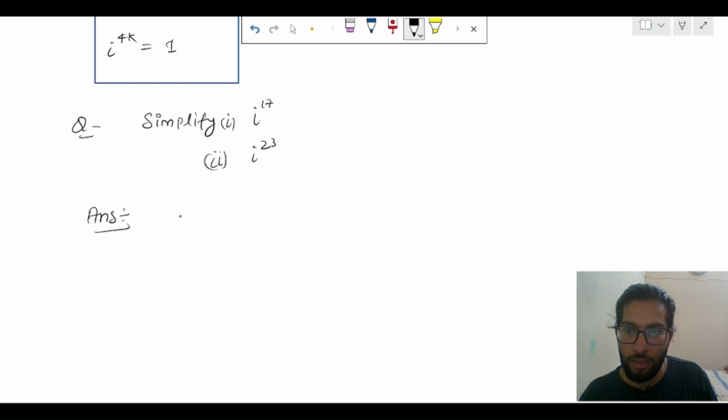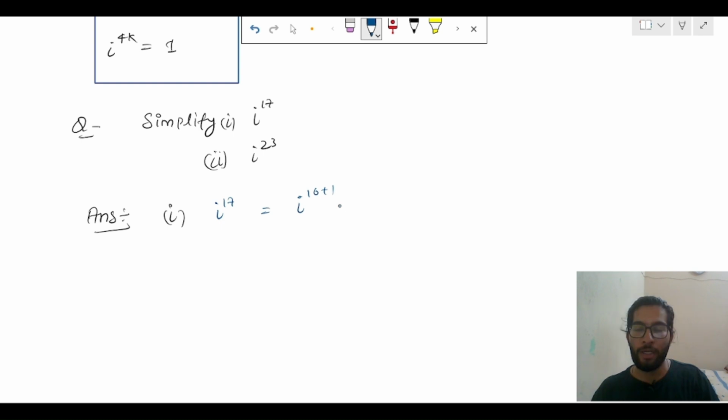Now first one, in which we have to calculate iota power 17. Can we write 17 as 16 plus 1? So it will be equal to iota power 16 plus 1, which is iota power 4 multiply 4 plus 1.